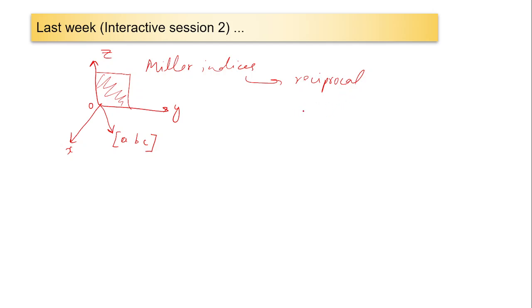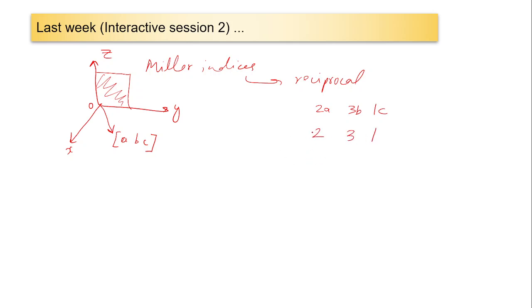For example, if the plane is cutting the x-axis at 2, the y-axis at 3, and the z-axis at 1, then we just drop the ABC and write 2 3 1.